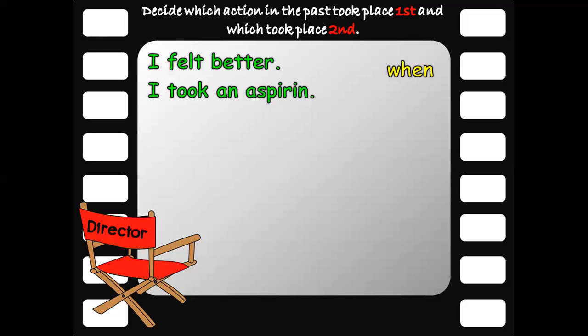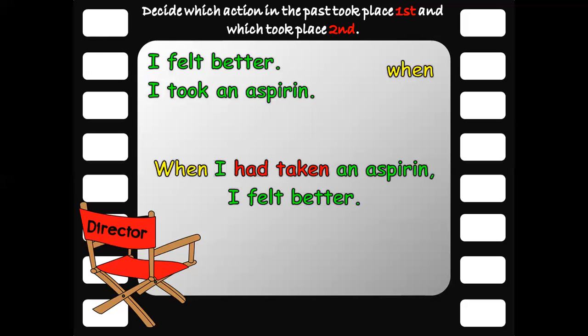So, the sentence will be, when I had taken an aspirin, I felt better. You can also say, as soon as I had taken an aspirin, I felt better. And you can also say, I didn't feel better until I had taken an aspirin. Okay?